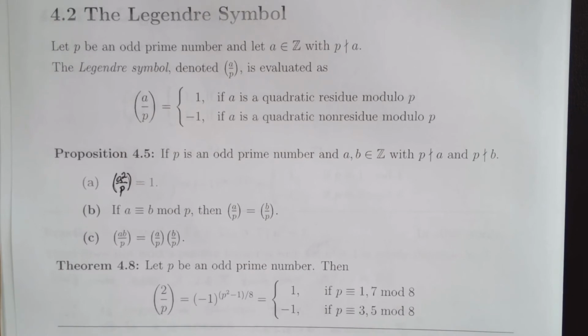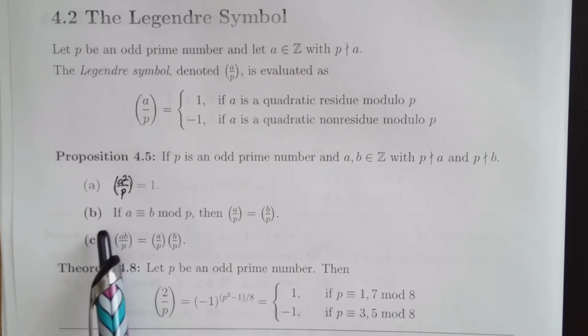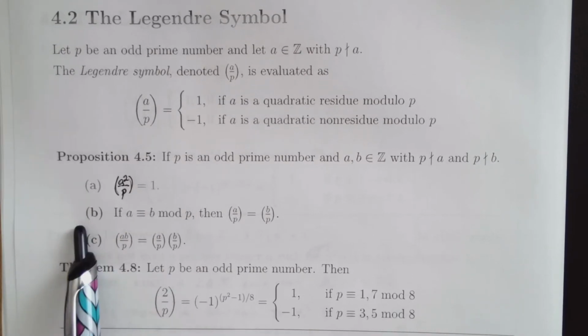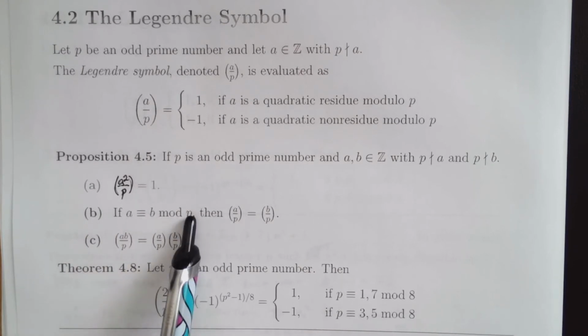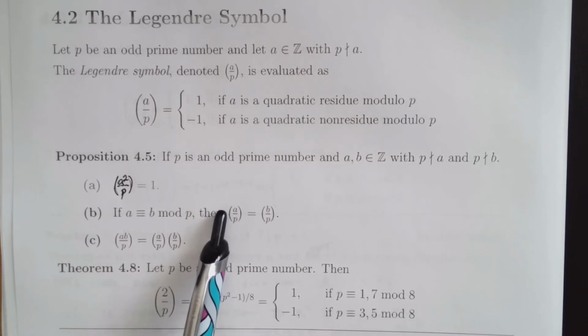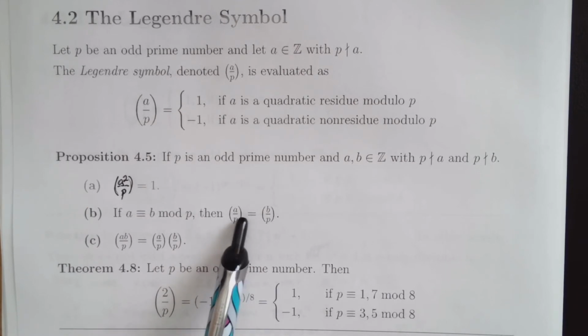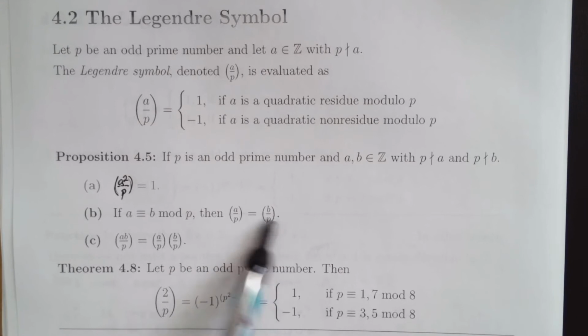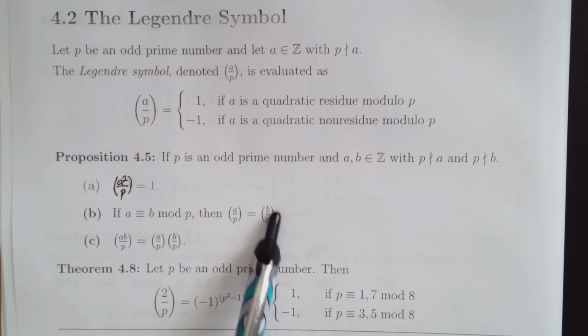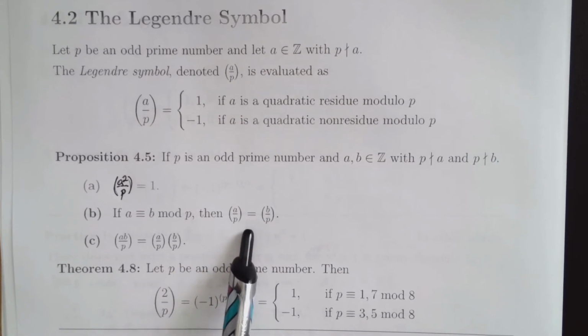And the answer is, of course there is, because A squared is going to be our quadratic residue. Now, the next part of this proposition is that if A is congruent to B modulo P, then the Legendre symbol of A modulo P equals the Legendre symbol of B modulo P. So I can simplify things down using this relation.